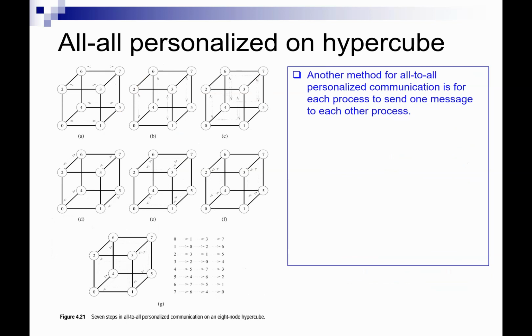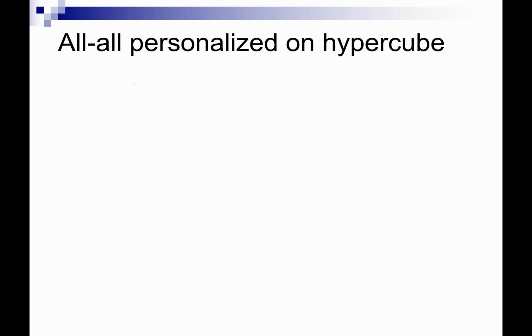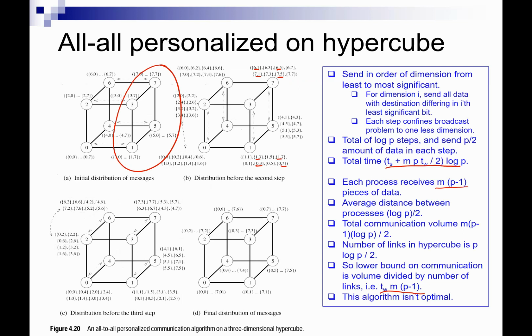Okay, so we're going to look at a different algorithm for all-to-all personalized broadcast on the hypercube. In the previous algorithm, we took log p steps. You just took a few steps, but for each step, you had to send a lot of data, right? You had to send half the data.